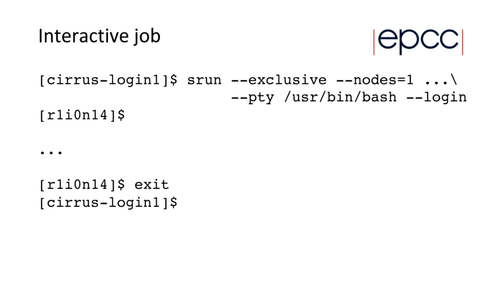So this is going to give me exclusive use of 1 node. I need to specify a time limit, an account, a partition, and a quality of service, which is represented by the dots here. And I also specify this --pty /usr/bin/bash. So this is the bit which is telling me I want an interactive job.